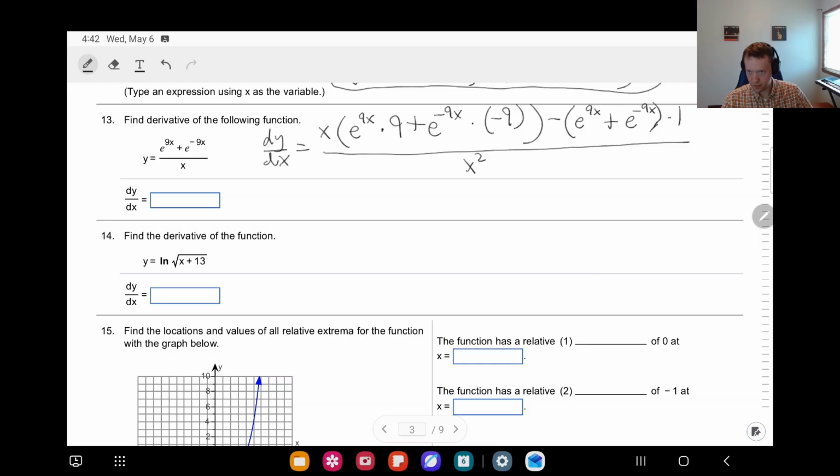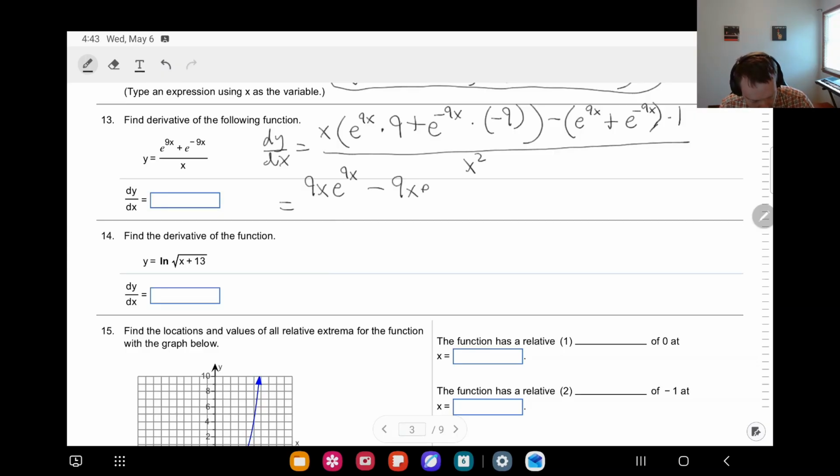Now it's just a matter of simplifying. Okay, so we get 9x e to the 9x. And don't forget to distribute this x again right here. And so I'm writing minus because of this negative 9.